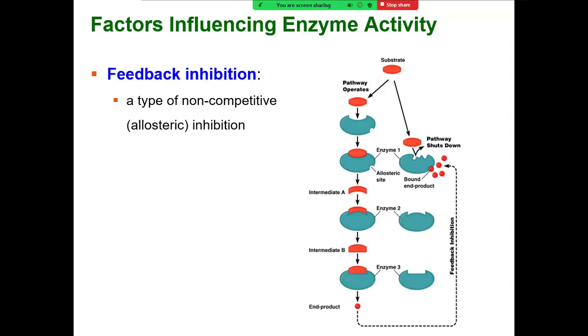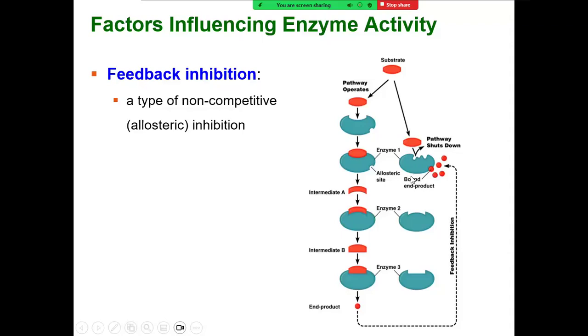In feedback inhibition, we actually have the end product binding to the first enzyme and then changing the folding pattern of the enzyme so that the active site can no longer bind to the substrate. So the end product binds to the enzyme in an allosteric inhibition, changing the enzyme so it cannot be in the correct shape to bind to the substrate.